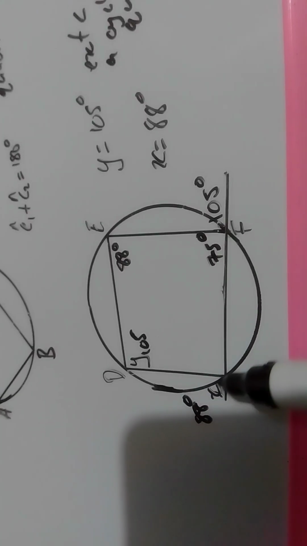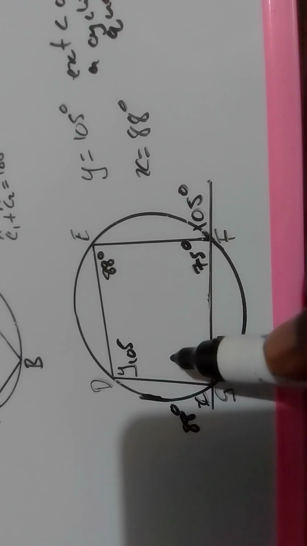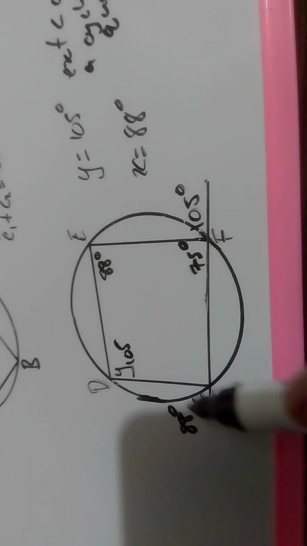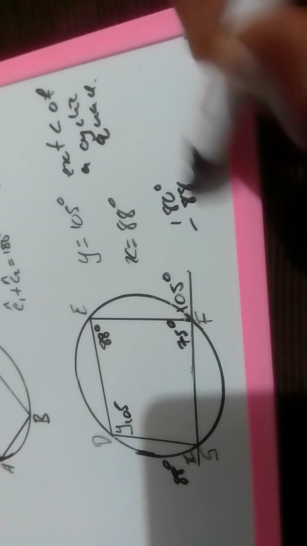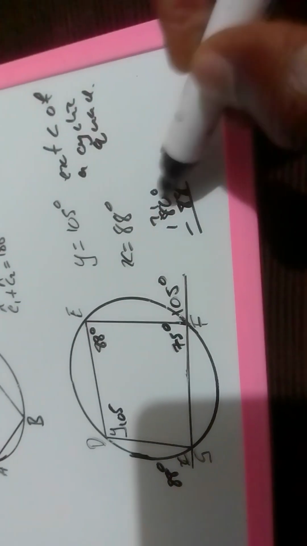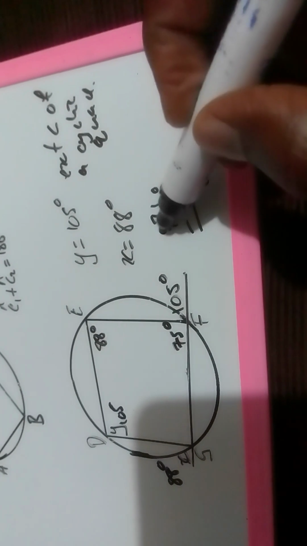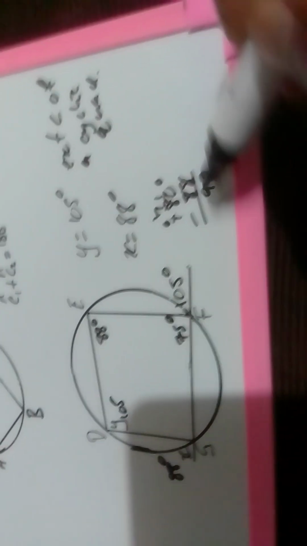And here, this is also on a straight line, the exterior angle. So I must say 180 degrees minus 88. I borrow here 7. There 2. Borrow here 0. 17 minus 8, it's 9. 92 degrees.